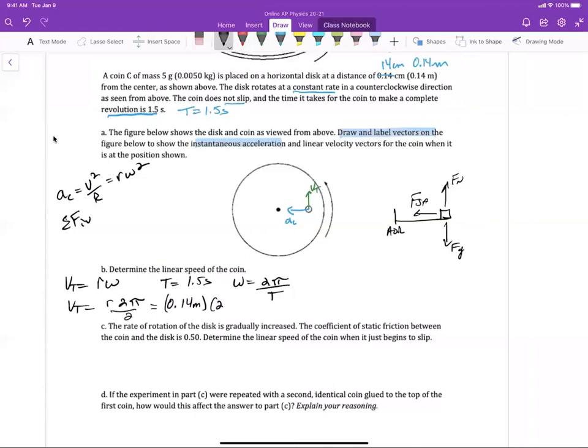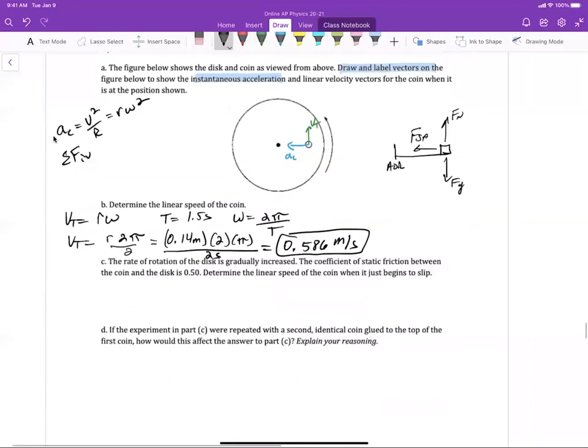I have 2 pi, and I divide by 1.5 seconds. That gives me meters per second, and I find that to be 0.586 meters per second.